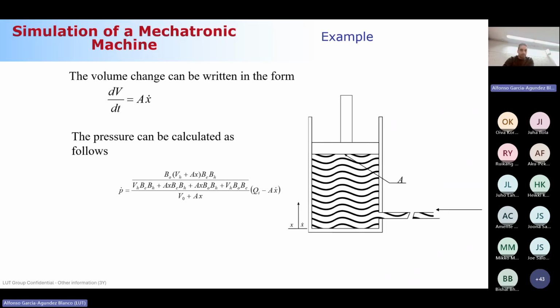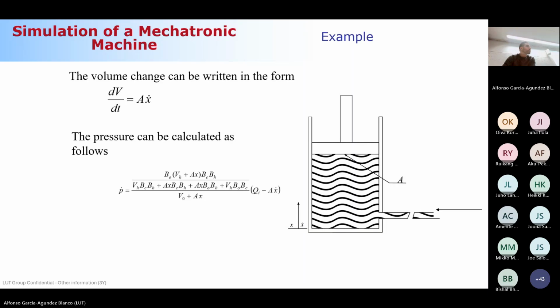Well, you know that V is just the volume of the hose, which is a constant. The time derivative of a constant is equal to 0. And the time derivative of this volume is the derivative of A times X. A is a constant. And for X, the time derivative is just x dot, the velocity. So that is why the time derivative of V is equal to A times x dot.